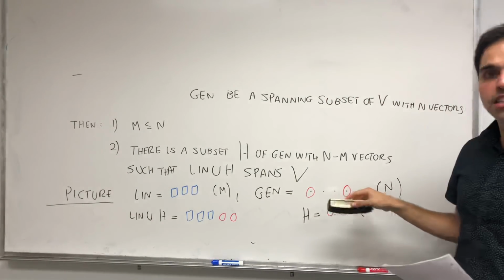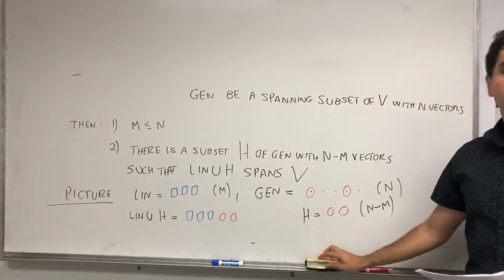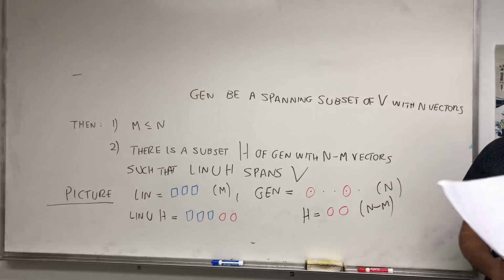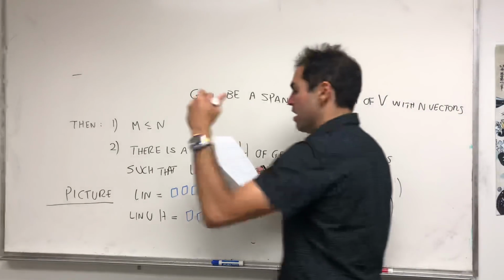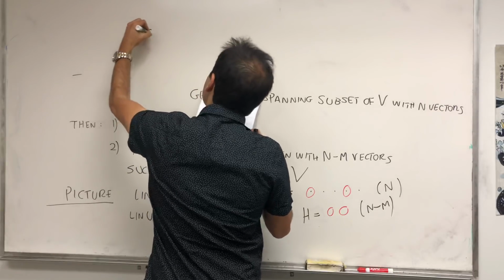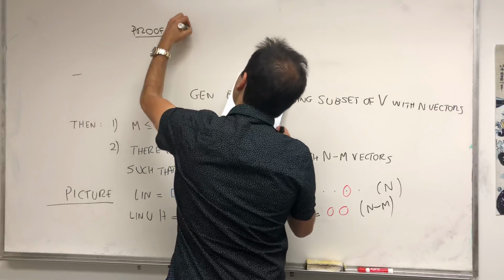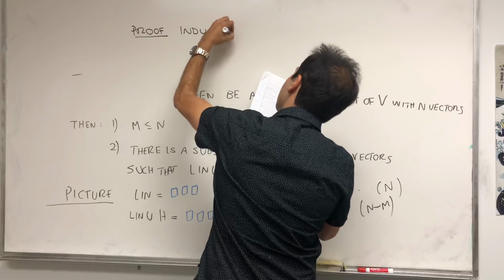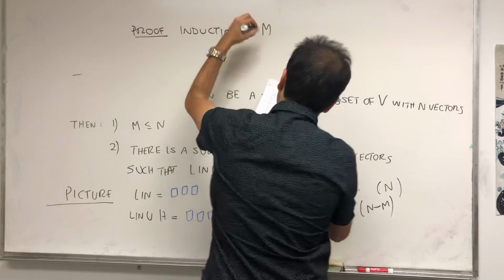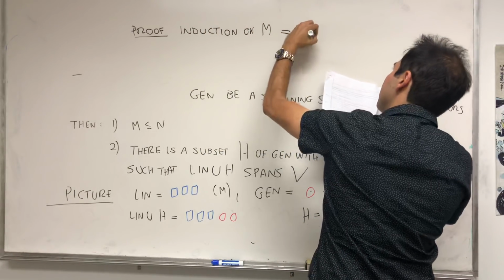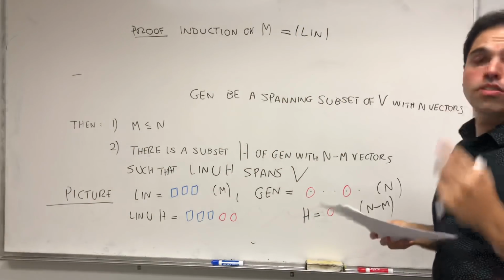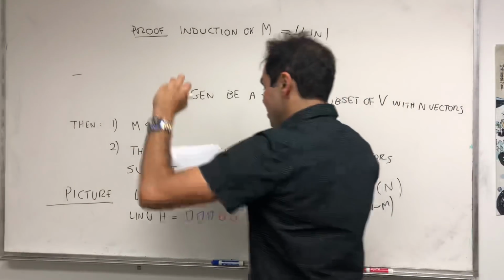So gen, let's say, is fixed. We'll do induction on the size of lin. So we'll do induction on m, which is the size of lin. And again, gen will be just a fixed set.